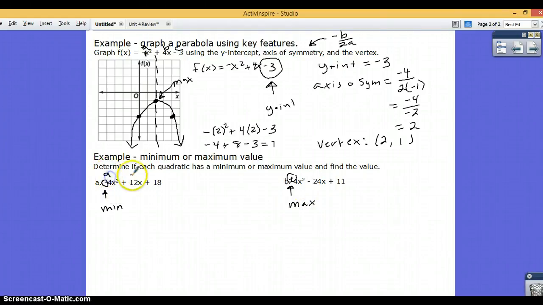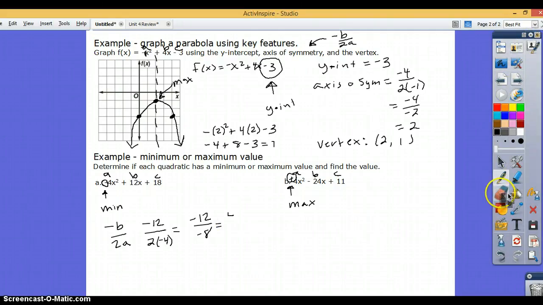Remember, that's A, that's B, that's C. So we use negative B over 2A. So negative 12 over 2 times negative 4. That's negative 12 over negative 8. 8 doesn't go into 12, but it reduces to 3 halves.